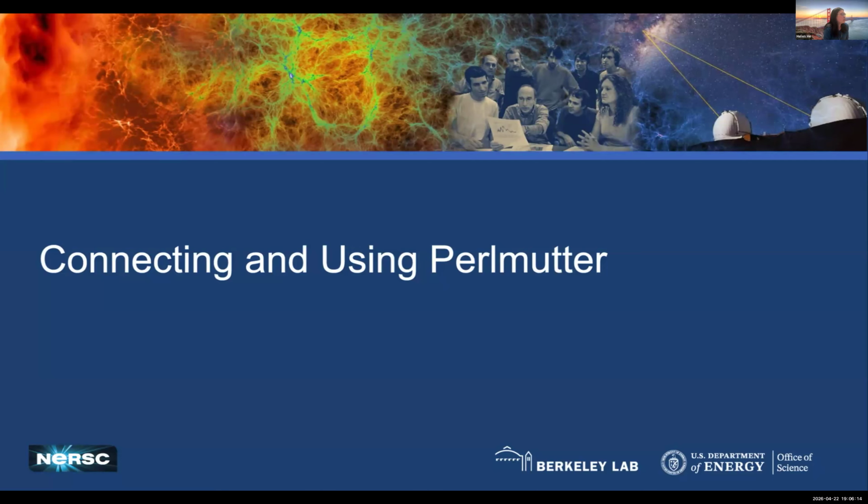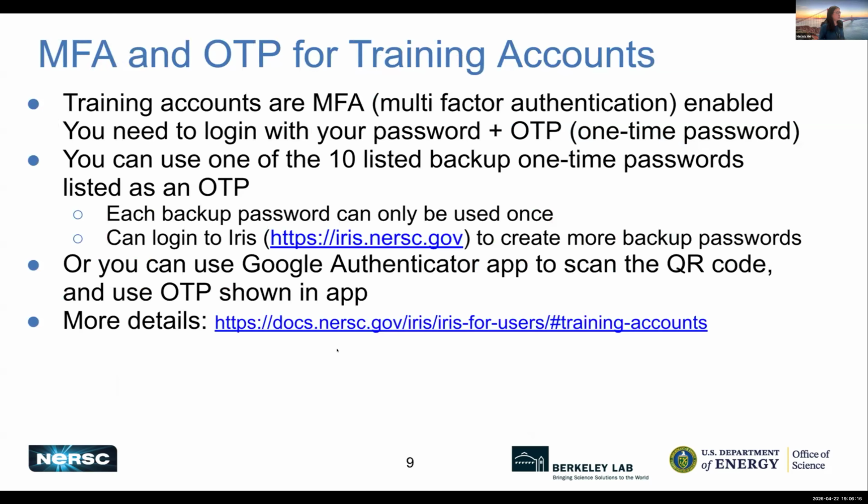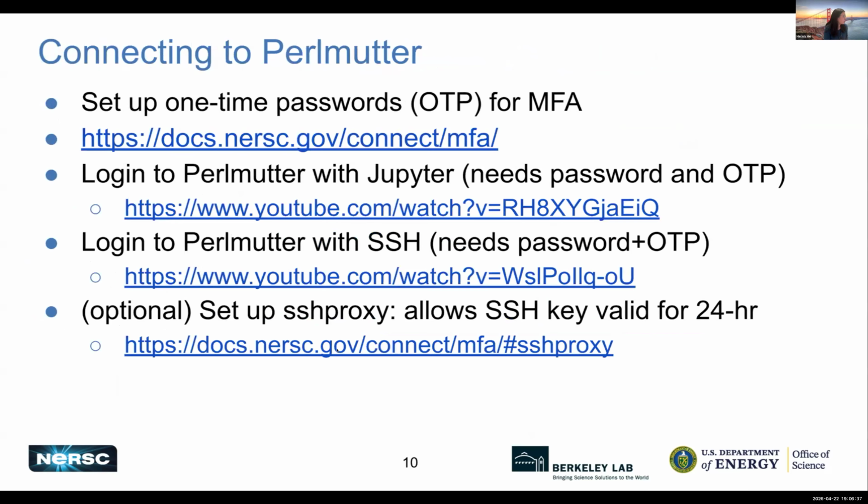So now connecting and using, if you haven't done this yet. This slide basically tells you we use MFA, which is the OTP one-time password, and you have 10 backup one-time passwords for you. If you use all 10, I can generate more for you as well. Then connecting is with SSH or with Jupyter.